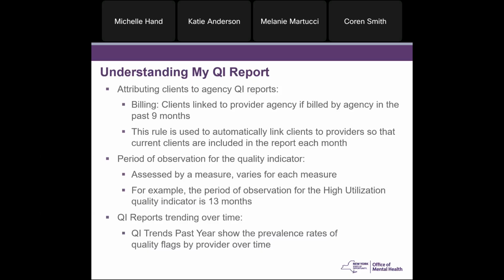So right now we're as of August 1st, 2023, so you'd be looking back the past 13 months from the as of date for the high utilization indicator set. And then we also have QI trends past year. So that's a way to look at the prevalence rates of quality flags by provider over time to look at any quality indicator patterns.